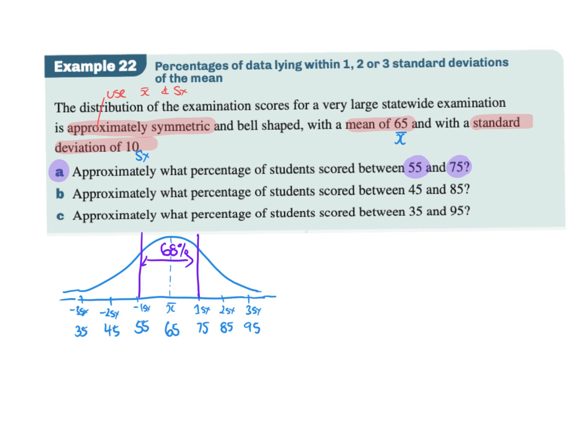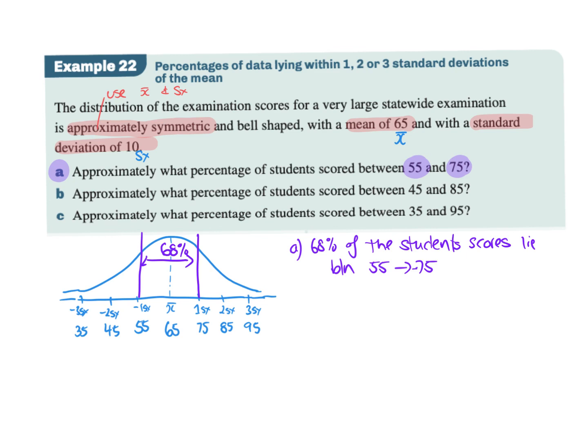Because 55 and 75 is plus or minus 1 standard deviation, I know because of the rule, I can say 68% of the student scores lie between 55 and 75.